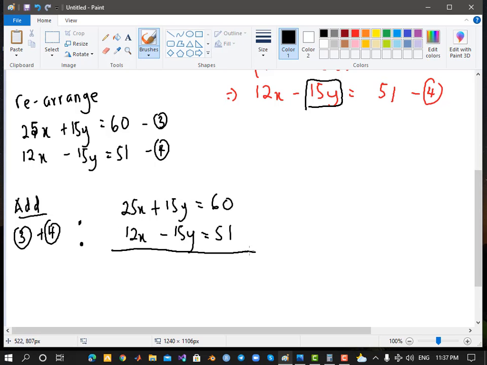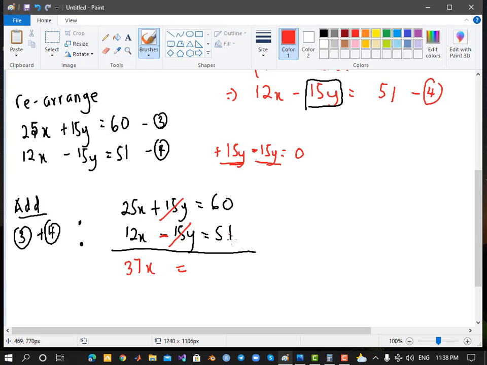If we add them, 25 plus 12 gives 37x. Now plus 15y and minus 15y, at the end of the day, you're going to get nothing. So these ones will cancel each other.